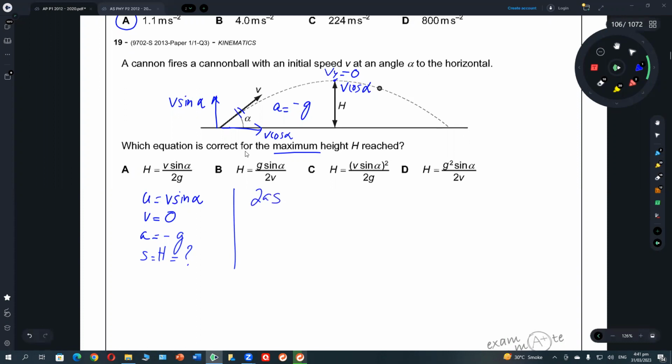Is cos alpha for horizontal motion or for vertical motion? For the horizontal motion. Yes. And what about g? Gravitational acceleration, is it for vertical or horizontal? Vertical. Yes. So that is why I'm considering only this.